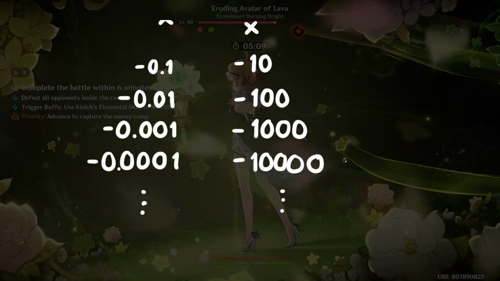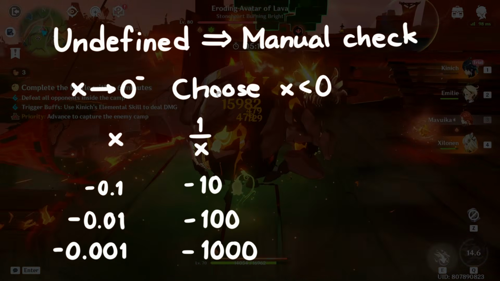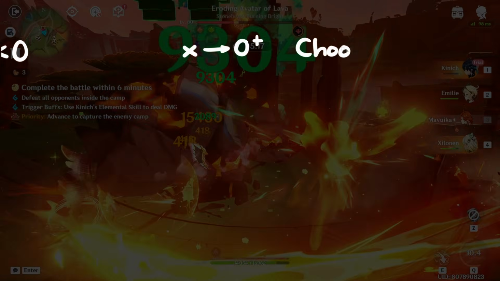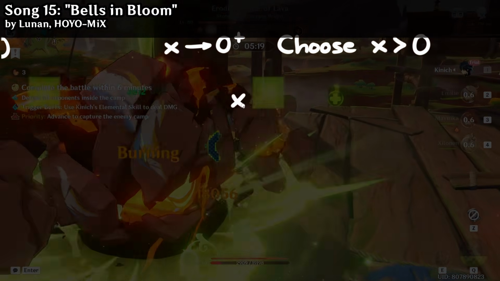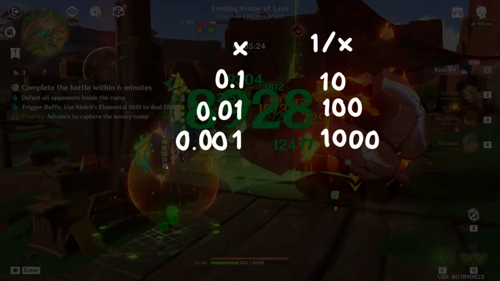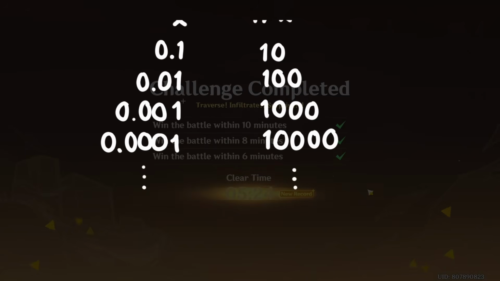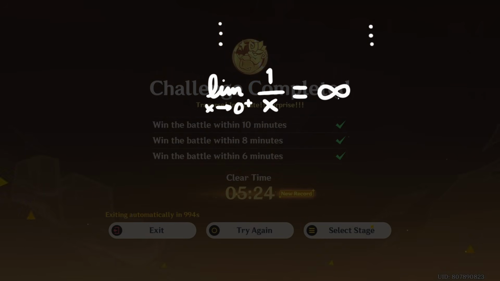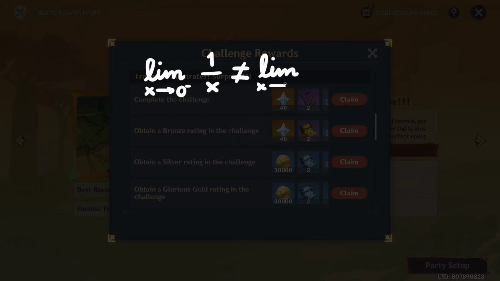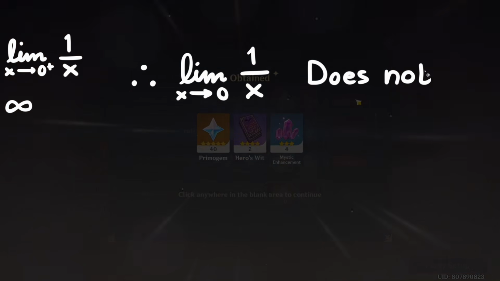What we find is that if we take the limit as x approaches 0 from the left, we get negative infinity. However, if you take the limit approaching 0 from the right, you actually get positive infinity. As we can see, the one-sided limits don't converge to the same value, so therefore the limit does not exist.